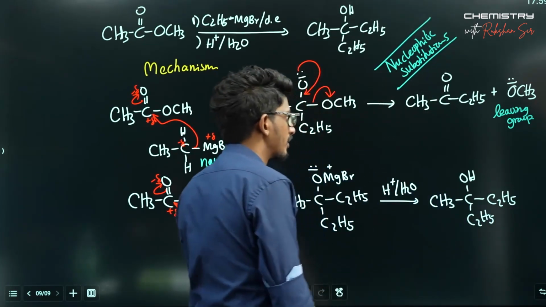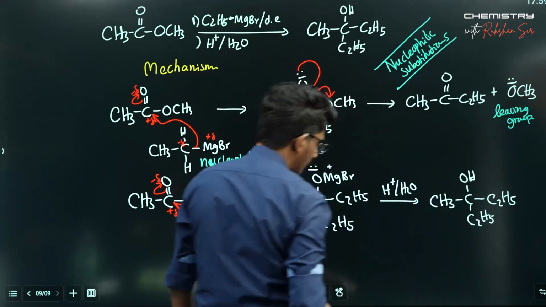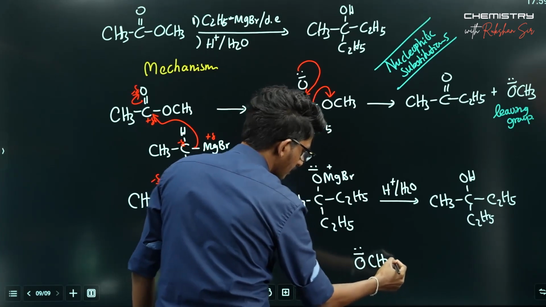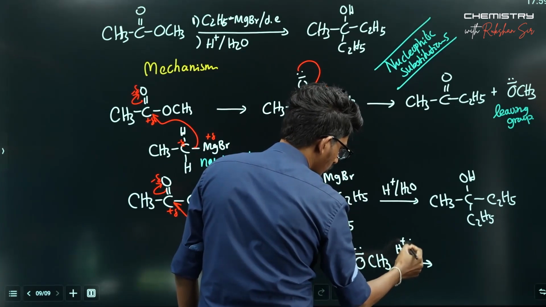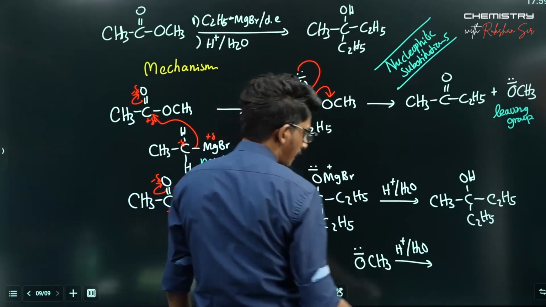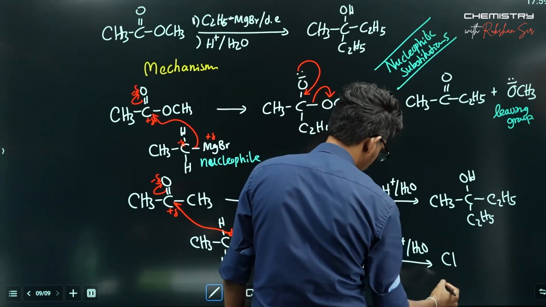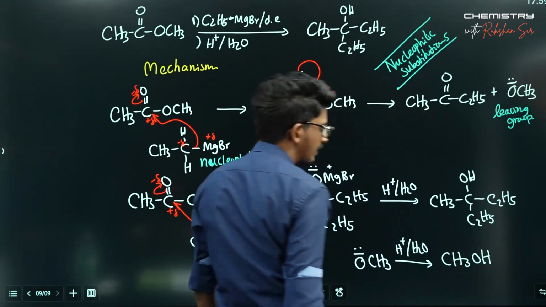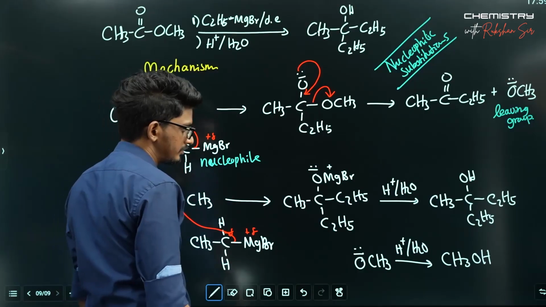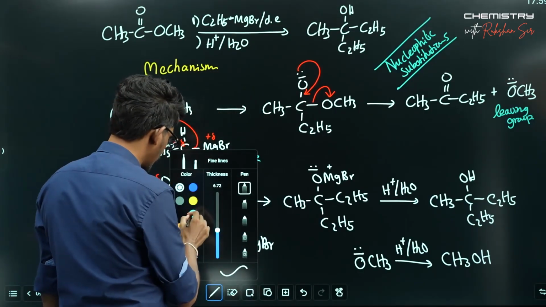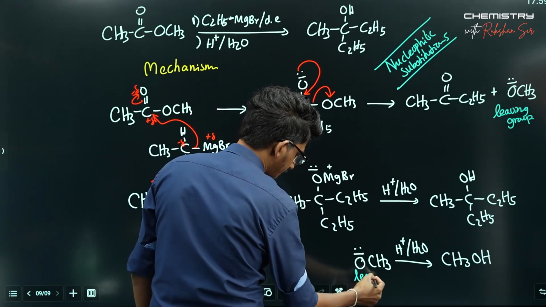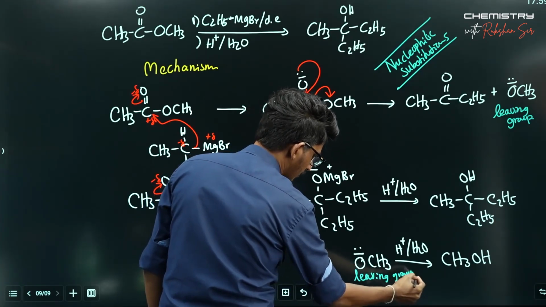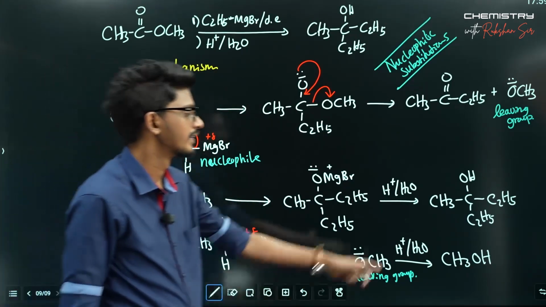When you are adding H plus H2O, this leaving group will also convert to an alcohol, no? Just mention that as well. So two alcohols will be produced by the reaction of esters with Grignard after the acidic workup, right?